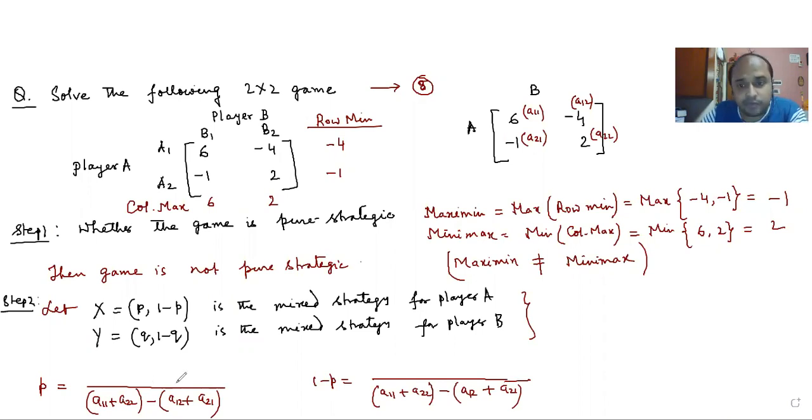And what was the formula for P on the numerator? I have forgotten. Please help me. Someone write in the chat box. For P, what was there in the numerator? You have this in your copy. I do not have. Someone please save me.